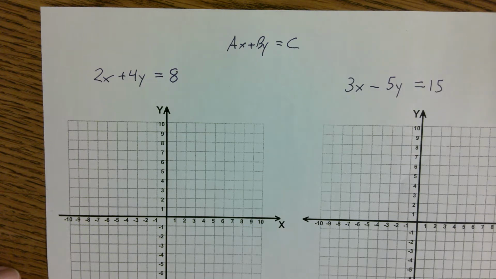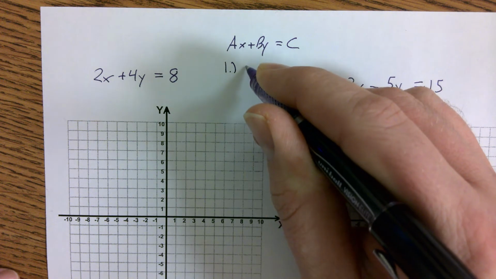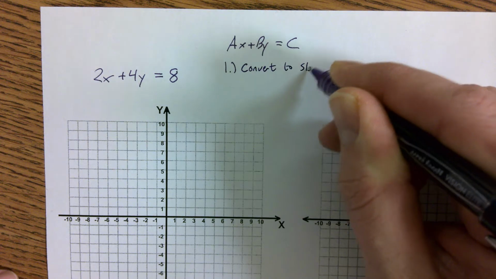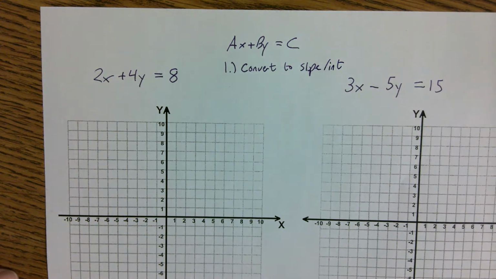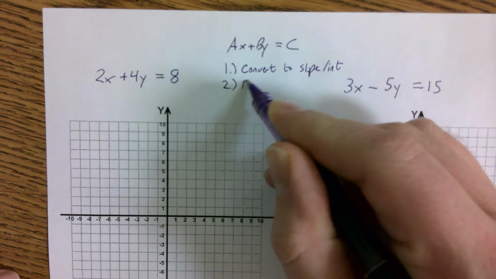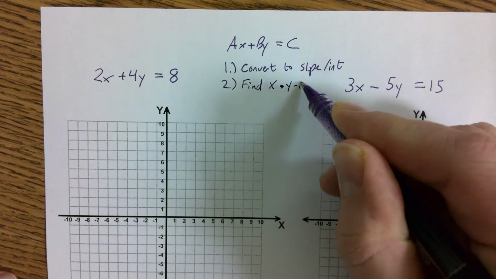There's two ways that we can do it. Way one is to convert it to slope-intercept. Okay, and I'll show you that with one of the final examples. And then the second way is to find the x and y intercepts.